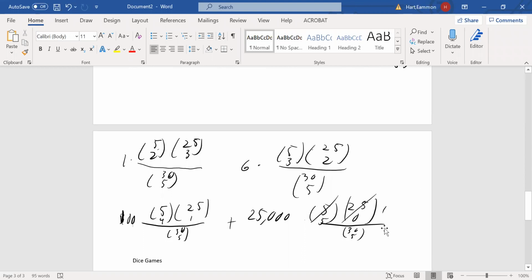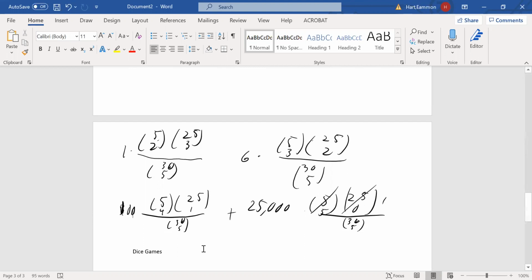There's only one possible way that you win the jackpot. It's if all of your numbers match up. So it should make sense that this top here is equal to 1.